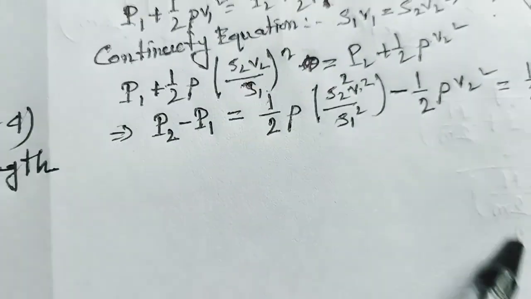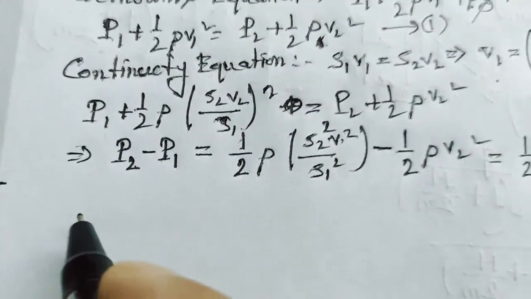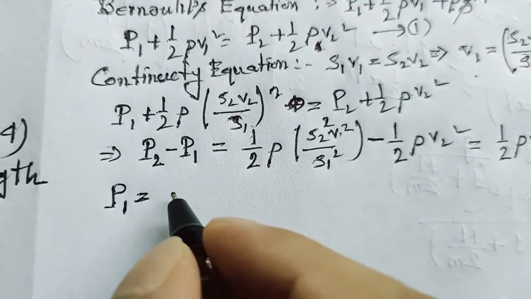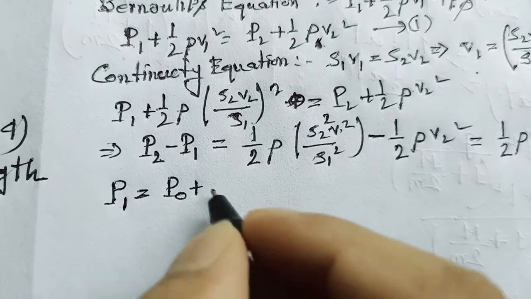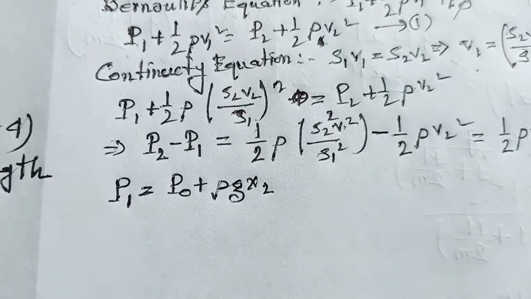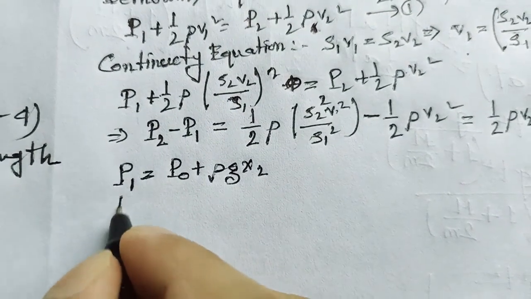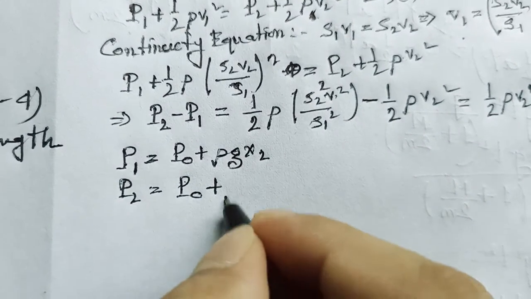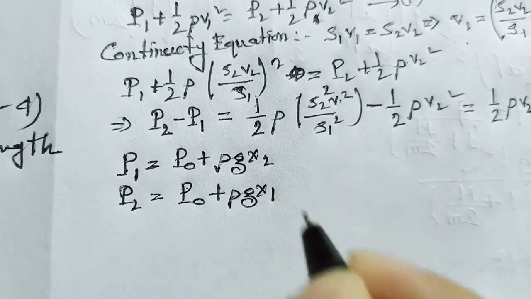So we can write P1 will be P0 plus rho g x2, and P2 will be P0 plus rho g x1.